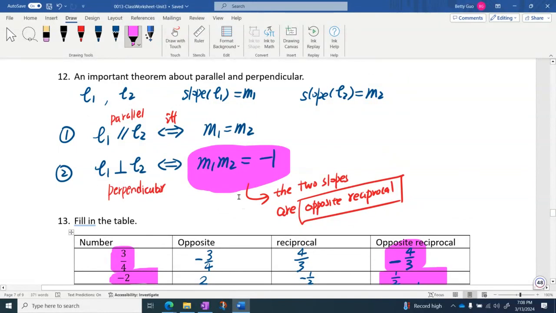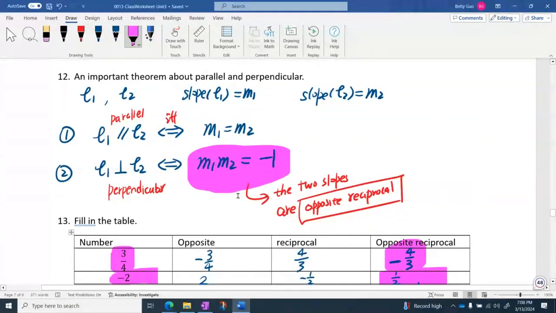Or if we are able to identify the two slopes are opposite reciprocal, then we know the two straight lines are perpendicular. The other direction also holds. If the two straight lines are perpendicular, then the two slopes are opposite reciprocal of each other. The two slopes multiply to -1.